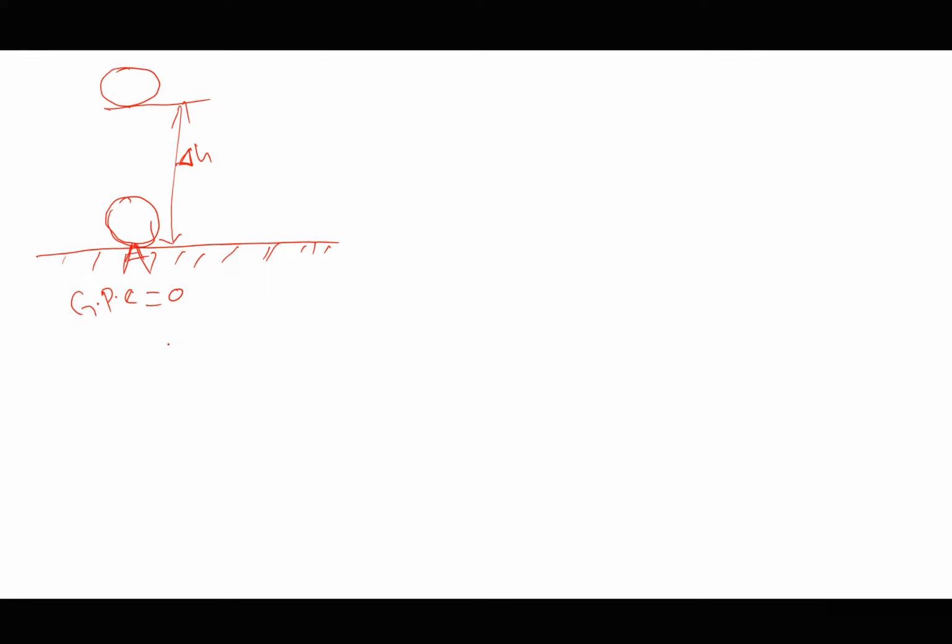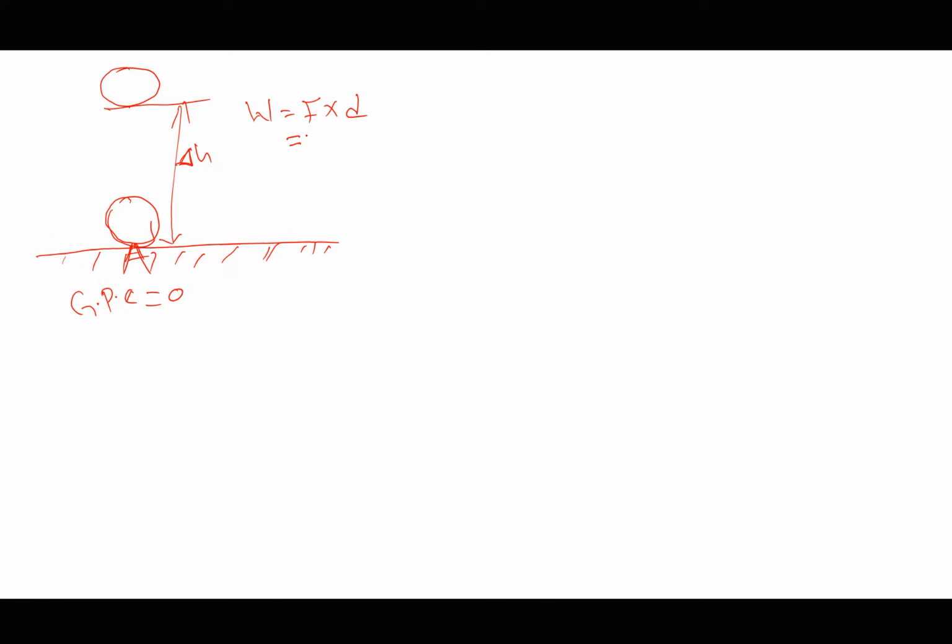So by moving this mass from the Earth's surface to a certain height h, work has been done, and from AS we saw that the work done is given by force times distance. So there has been work done against gravity.